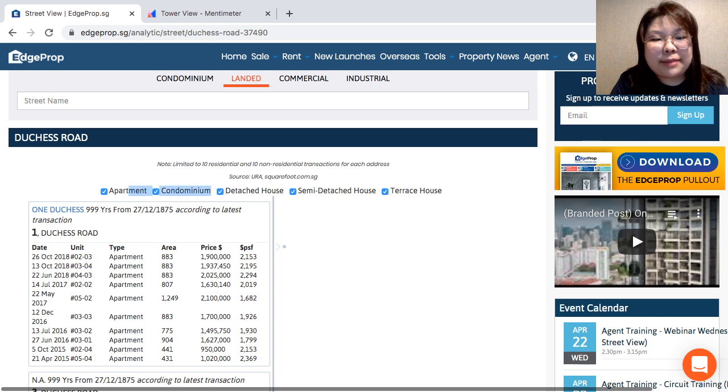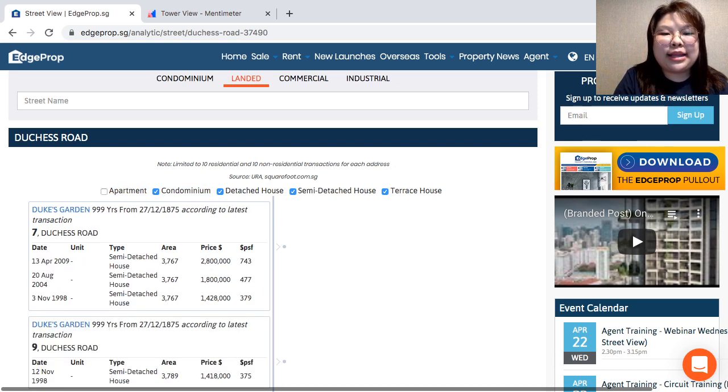So apartments and condos can also be found along Duchess Road. If I do not want to see the apartments and condos, and I'm only looking at my landed property, what I can do is uncheck apartment and condo. So now I'm left with the detached, semi-D and terrace.